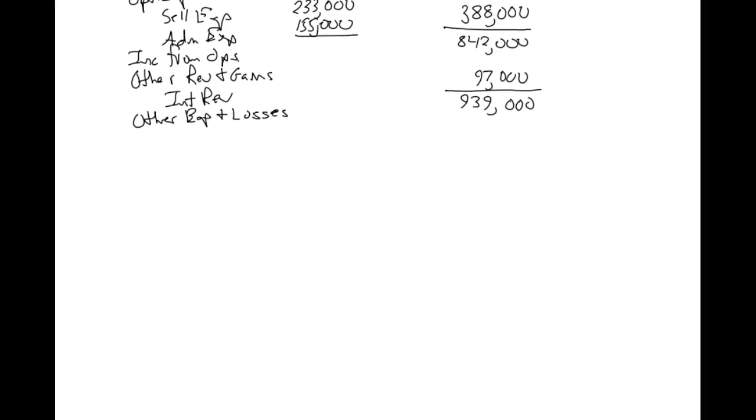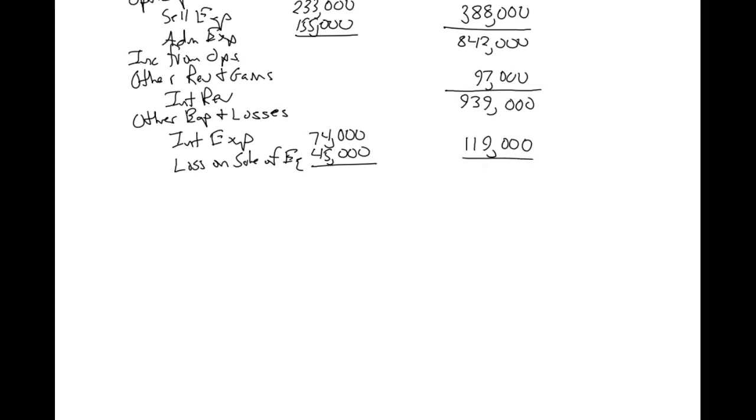So other expenses and losses, we had interest expense, and that was, if you look back up there, 74,000. And then we had the loss on sale of equipment, and that was given as 45,000. All right, so we have an expense and a loss, 74 and 45, so that works out to be 119.